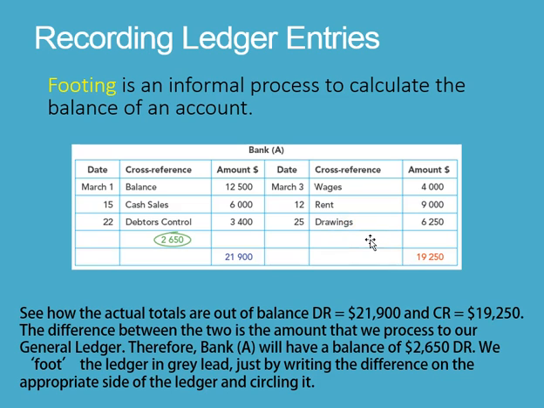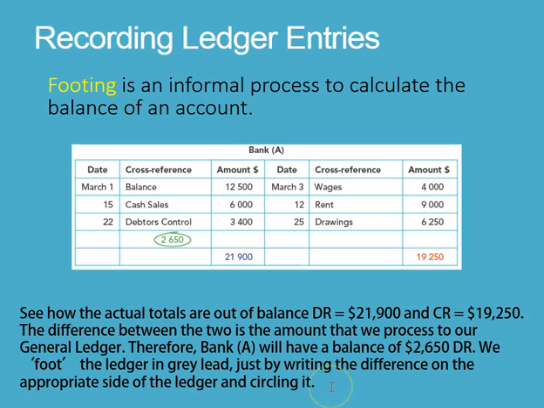So we just record this amount, the difference between the two totals. So in our general ledger, therefore, we would just have bank debit $2,650.